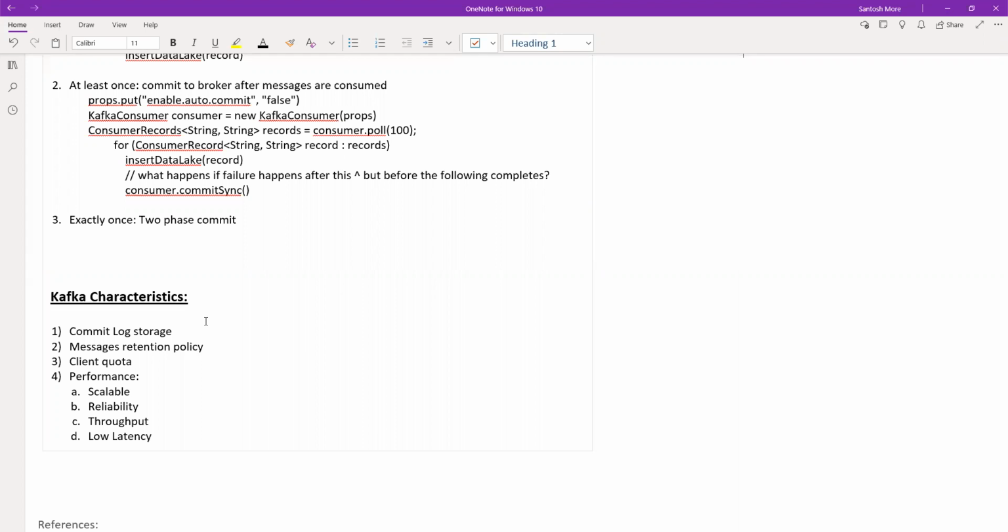The batch size is configured, most of the time, based on the block size we are going to store on disk. If we have that exact block size, we don't have to split within the blocks, and therefore it is a more efficient way of storing. That is one of the characteristics.